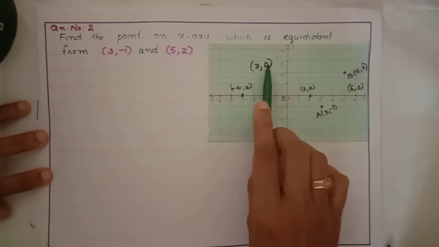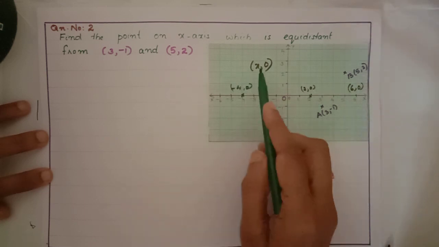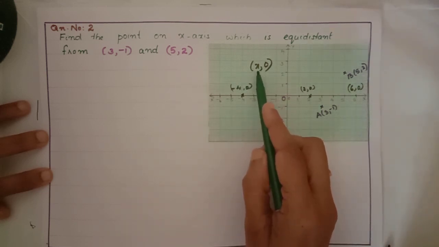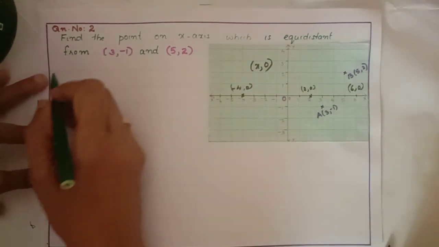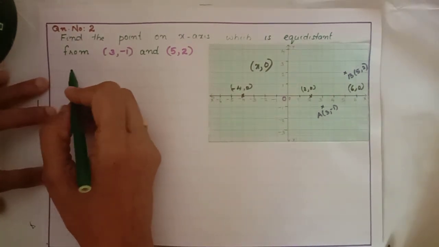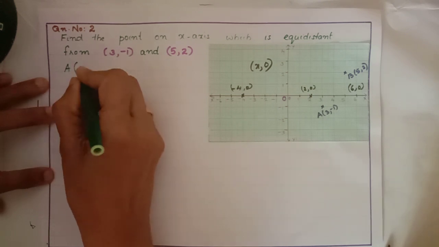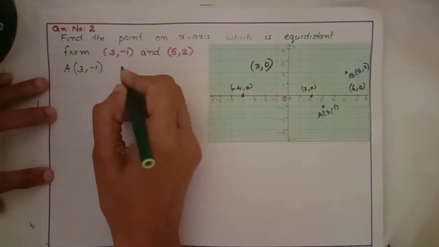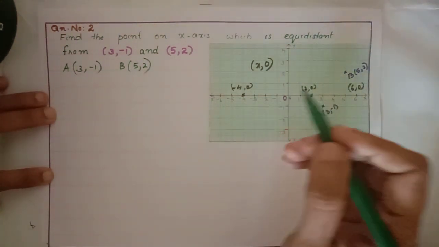Y coordinate 0. X coordinate may come as any number. So I have taken the point as x0. Okay. So same like the last question, we are taking A as (3, -1) and B as (5, 2). Okay.